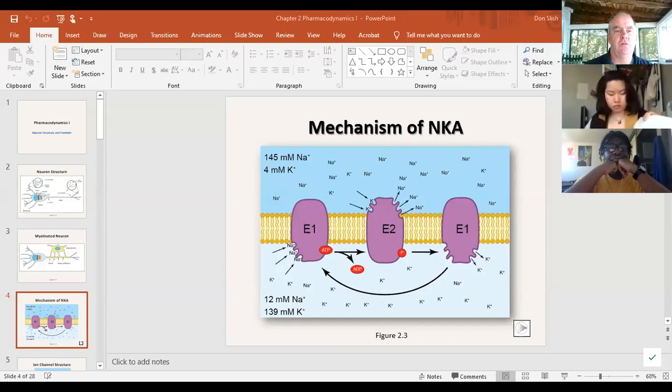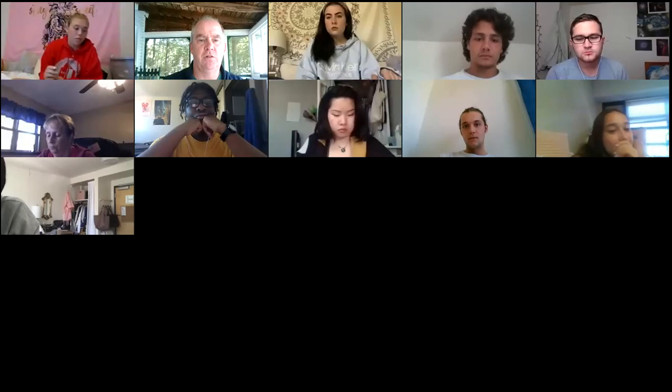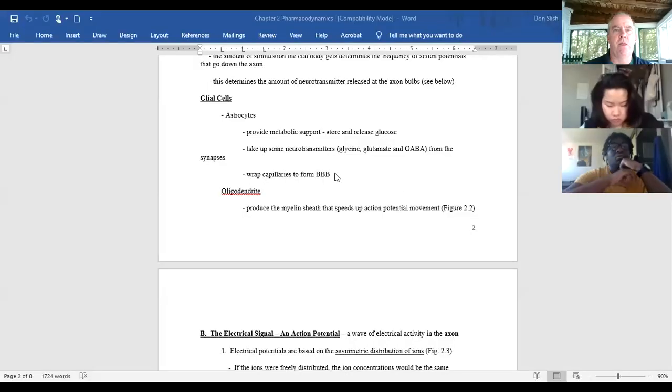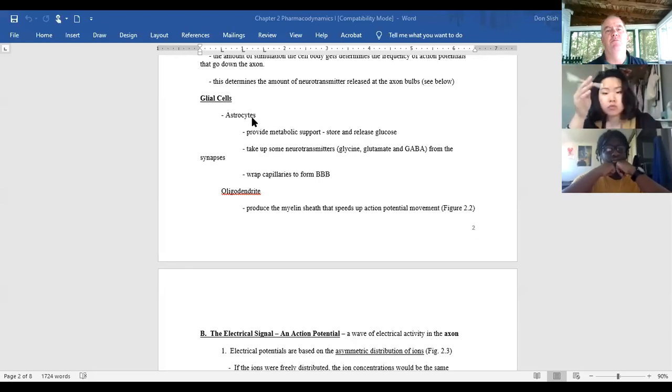Okay, so glial cells: astrocytes, oligodendrites. So we've got 2 different kinds of glial cells. Okay, so we've got astrocytes providing metabolic support. They're storing glucose. The brain needs a lot of glucose to run on. And we'll talk about synaptic transmission and how glial cells can help with synaptic transmission, and astrocytes are one of those.